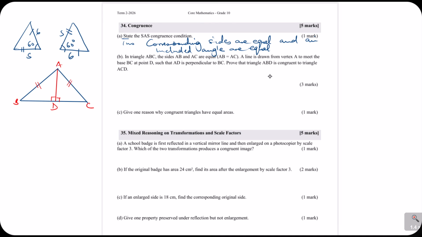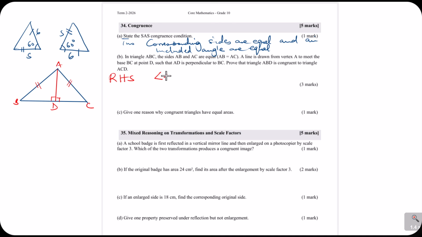So which condition are we going to use to prove this? We're going to use RHS, where you have the right angle. We have to indicate this, the right angle. There is 90 degrees in both of these triangles, and that angle is ADC.